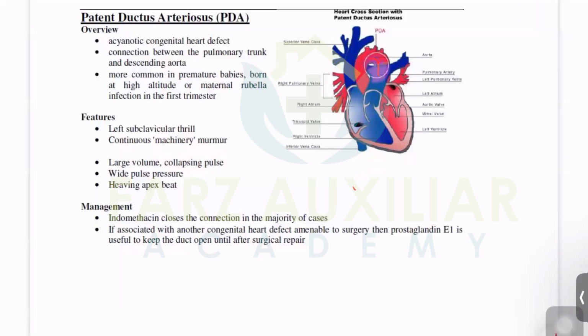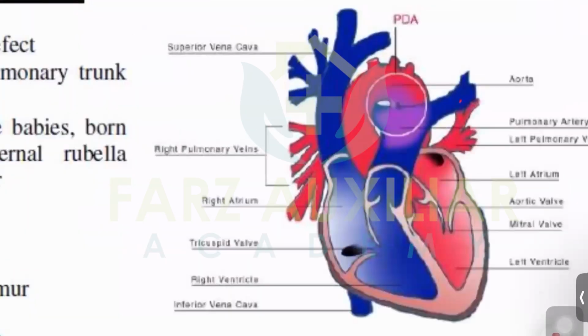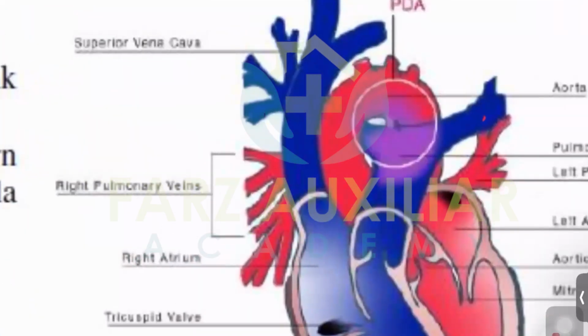Can you appreciate? This is the pulmonary artery, and from it there is this small blood vessel which connects the aorta and the pulmonary artery. This is known as the ductus arteriosus.